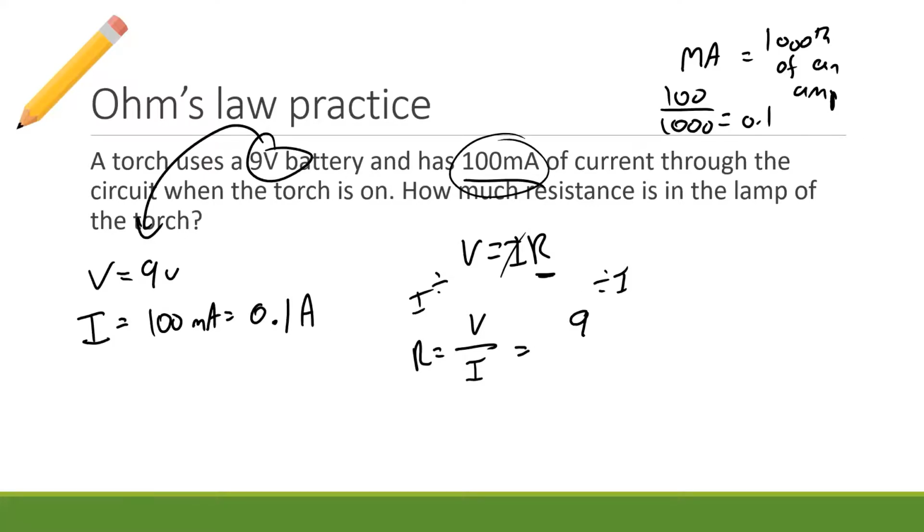V is 9 volts. I know what I is, 0.1. So 9 divided by 0.1 gives me 90 ohms. And that's how we can calculate the resistance of a circuit using Ohm's law.